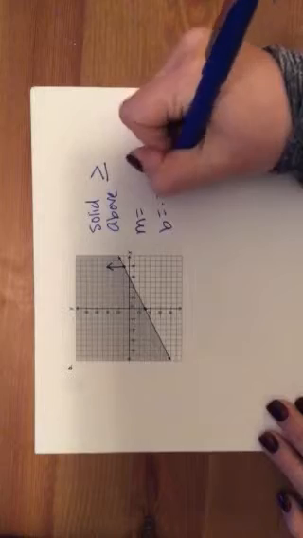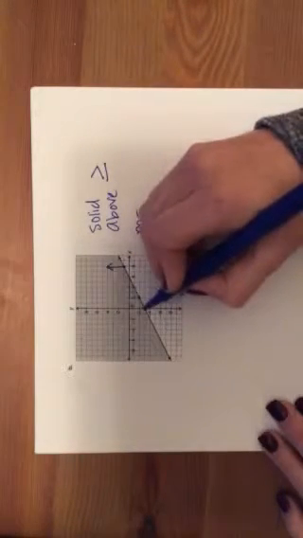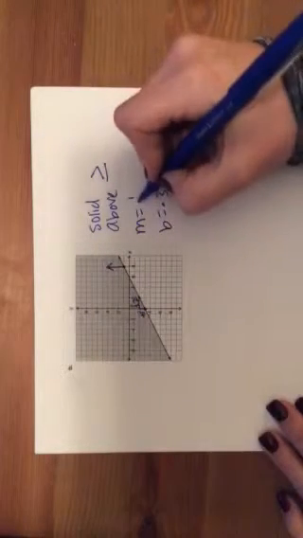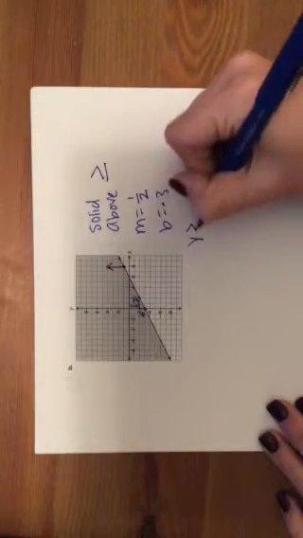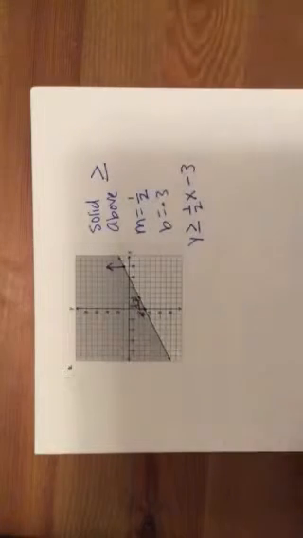B is at negative 3. M, I'm going to find another good point. Up 1, right 2. So my answer will be y is greater than or equal to 1/2 x minus 3.